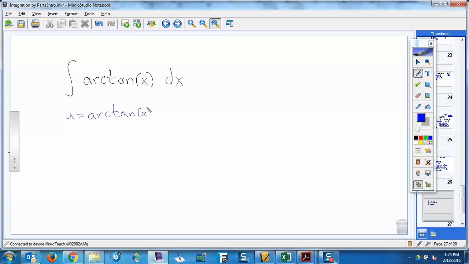But this is one where the dv, the leftover, is just dx, right? And then the du, what's the derivative of arctangent? 1 over 1 plus x squared dx. What's the antiderivative? Well, this is a 1, so the antiderivative would be x.